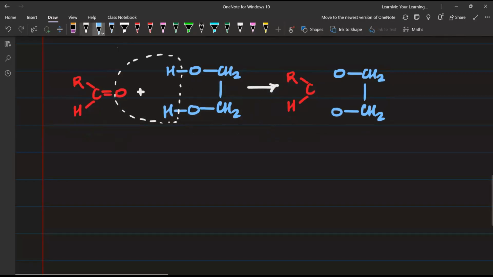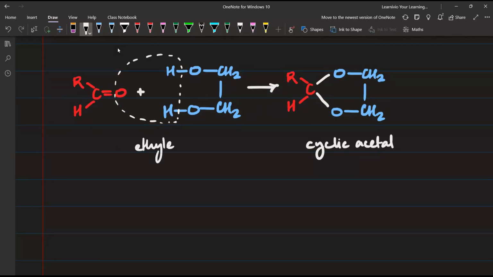Now these are the two new bonds being formed. As you can see, we have got a cyclic form. So this is cyclic acetal. What is this molecule? This is glycol, or specifically this is ethylene glycol.